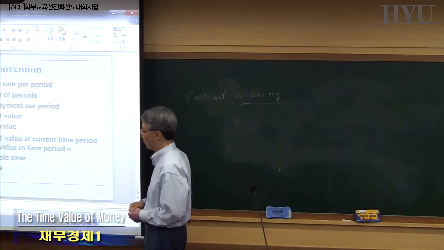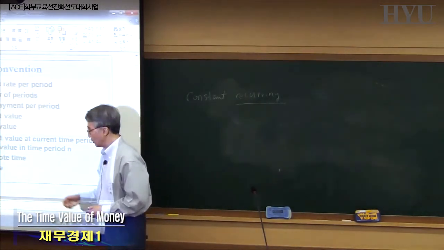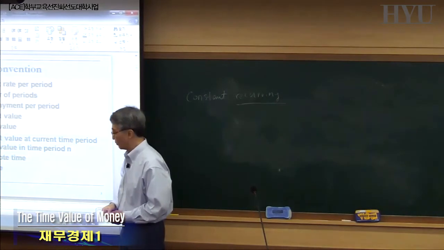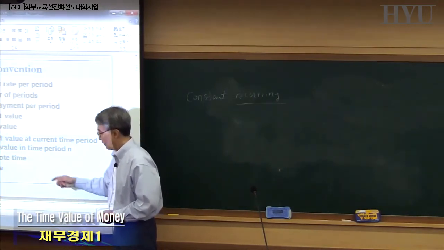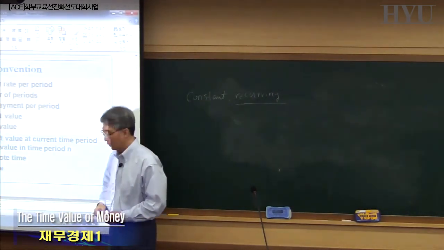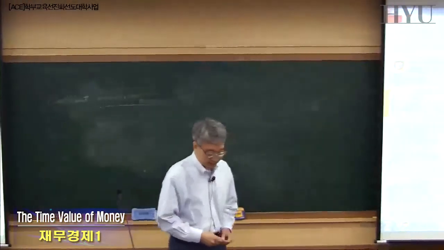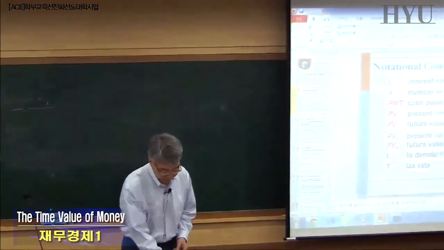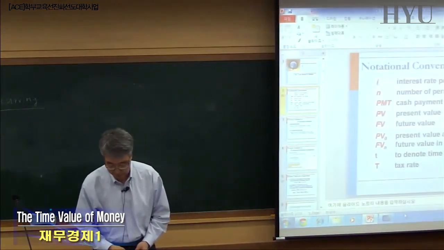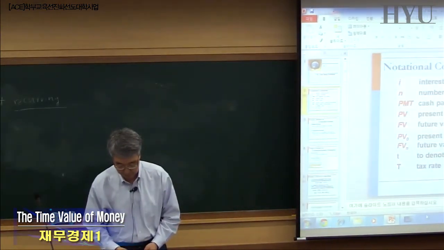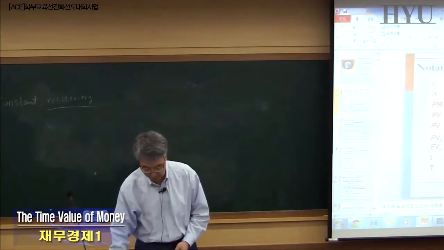That's how we denote it. Lowercase t denotes time. If you see a capital T, that usually refers to the tax rate. As we go on, you may see slightly different notation, but I will explain any other expression as they come by.